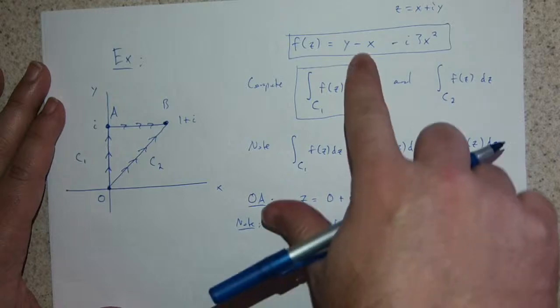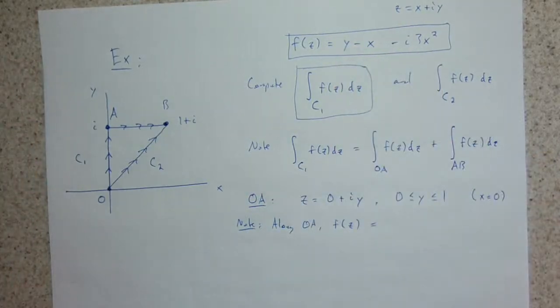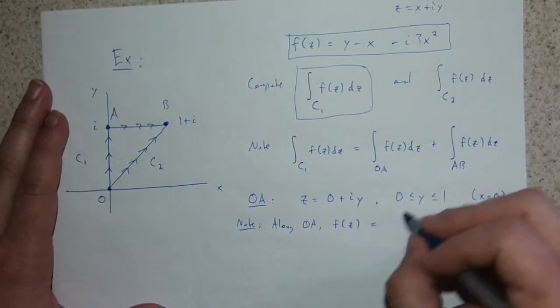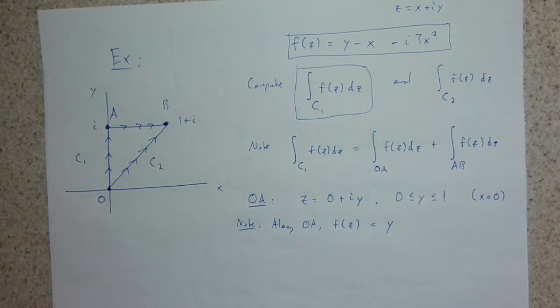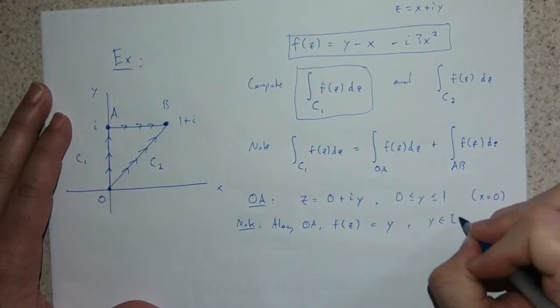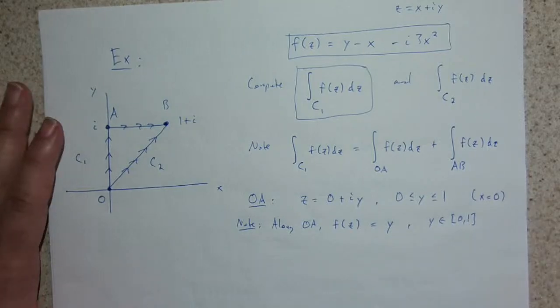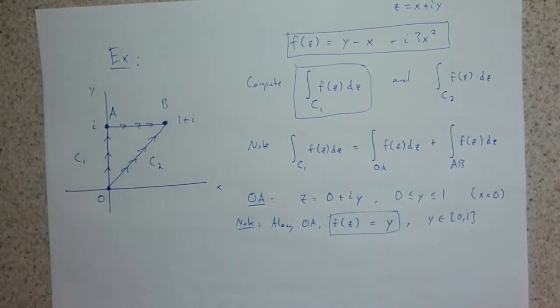And so f of z, which looks like y minus x minus I 3x squared, becomes y, right? So along OA, f of z is equal to y, where y is in this closed interval 0 to 1. And so f of z is actually extremely simple, okay, along OA.